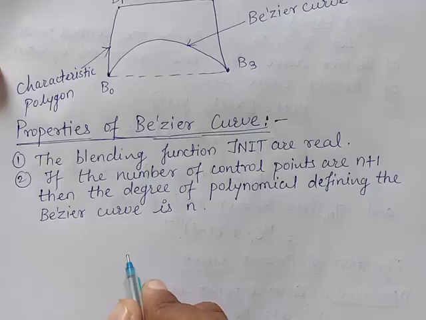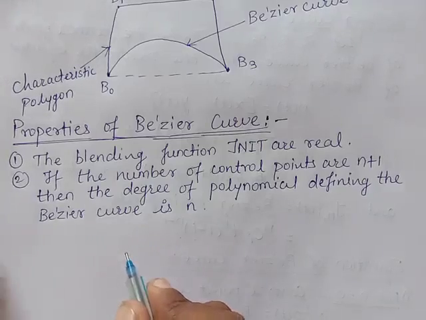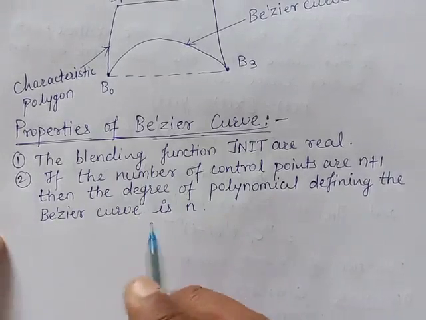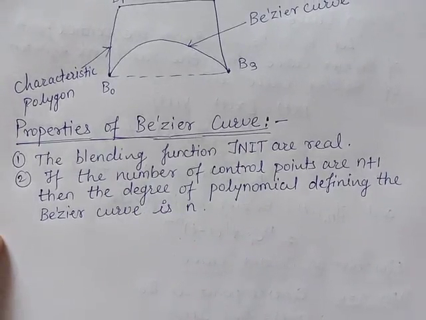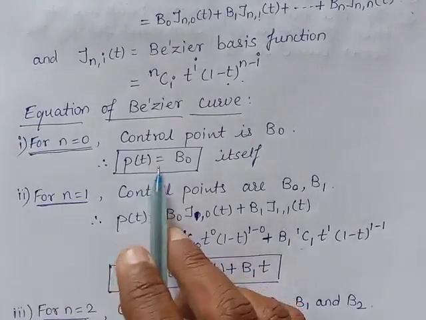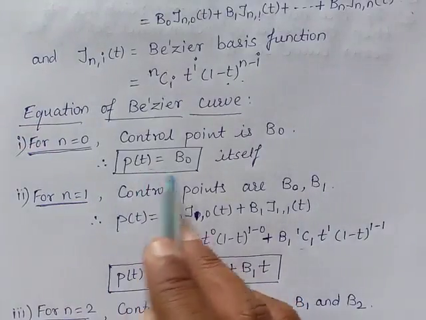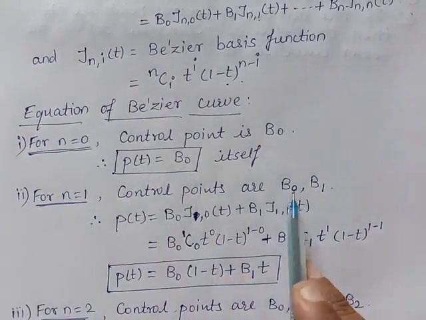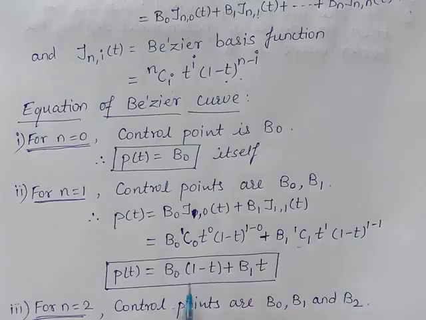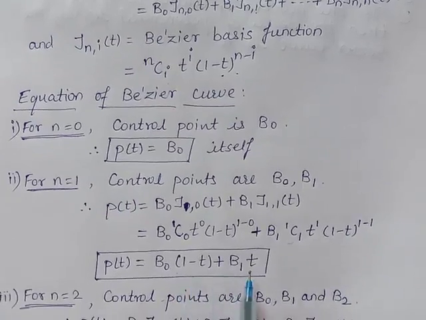As we have seen, when there is only one control point, the equation of Bezier curve has degree 0, which means it is constant. Now when there are two control points, the degree of this equation of Bezier curve is 1.